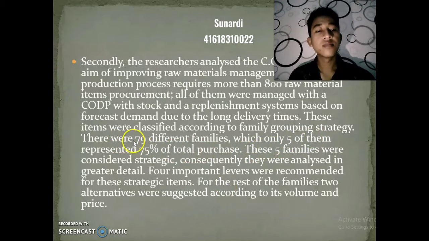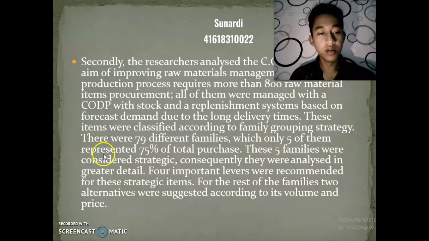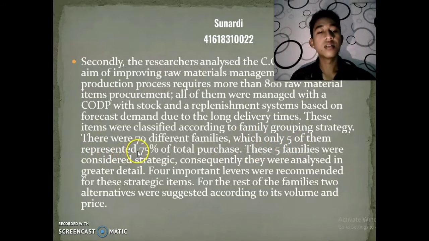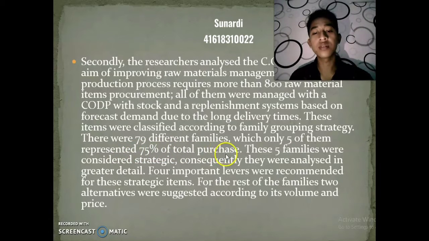There were 79 different families, of which only 5 of them represent 75% of the total forecast. These families were considered strategic.